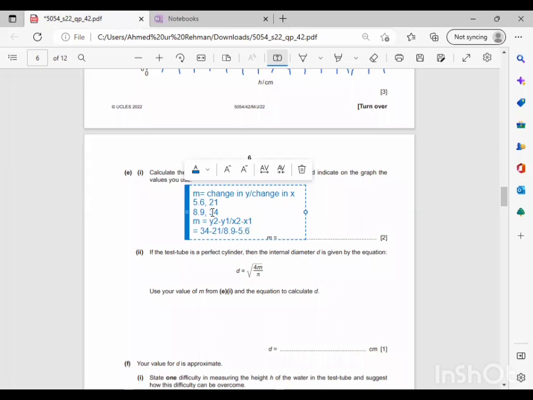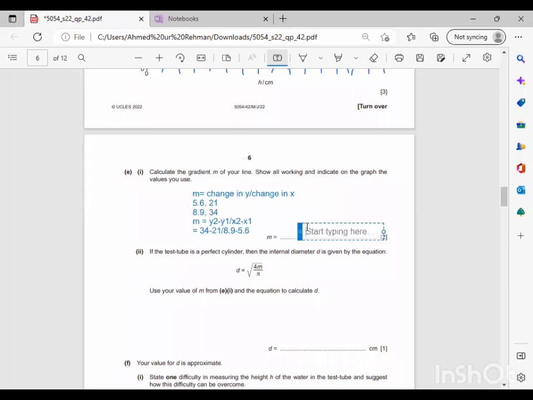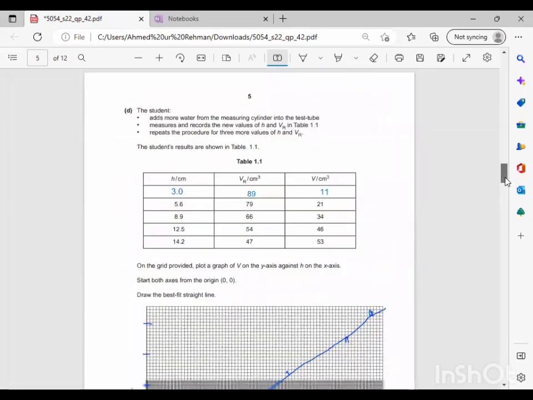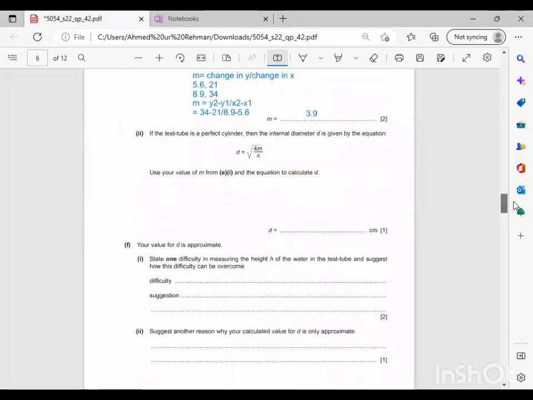So that is giving me 3.9. So my gradient is coming as 3.9. I actually calculated this because all the other parts will be related. Otherwise my points aren't exact. My points should be on the line, and here I don't have a proper line, so that is why I just took this.